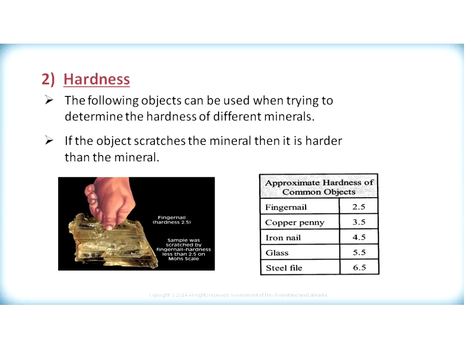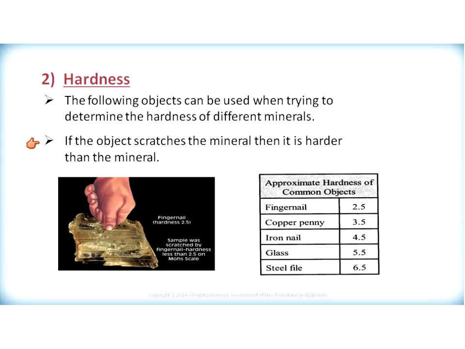When we look at hardness, we generally find the hardness of minerals using common objects. The following objects can be used when trying to determine the hardness of different minerals. If the object scratches the mineral, then it is harder than the mineral.